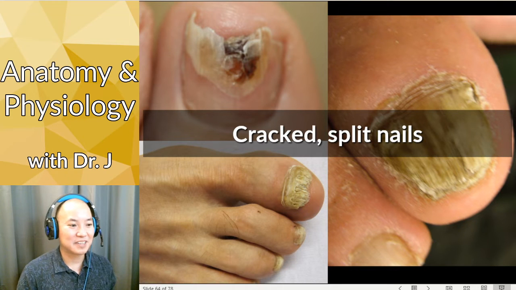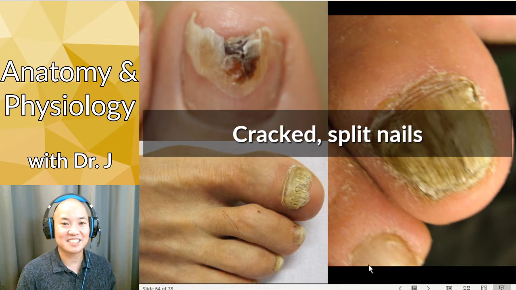If they make themselves at home and digest your nails, this can result in brittle, cracked, and split nails. If you have a severe case of athlete's foot, or nails like these, you might need an antifungal agent to help clear the fungus, so it's no longer eating your nails as they're growing.